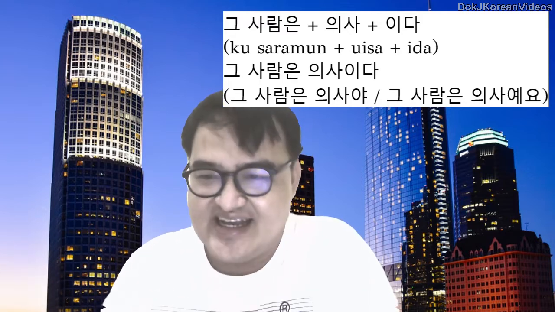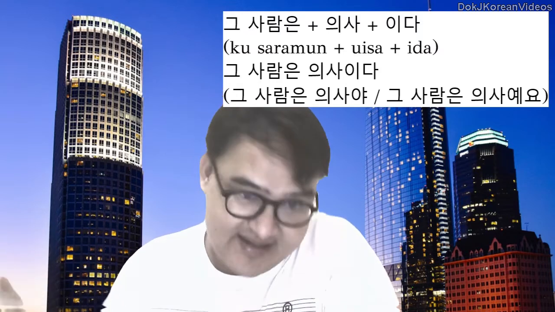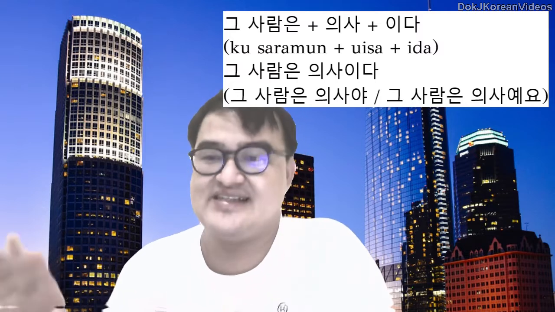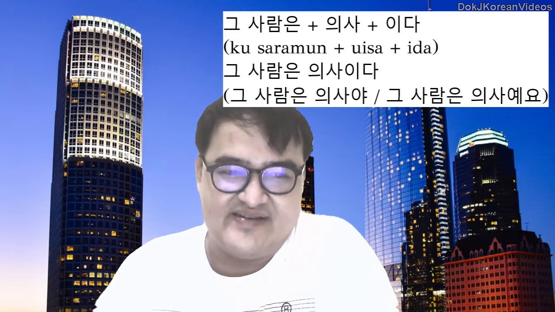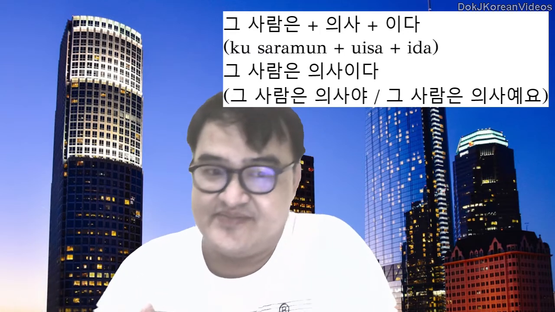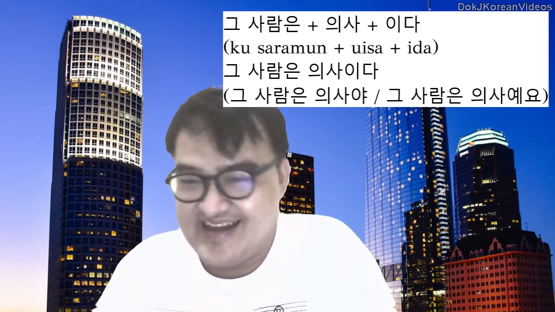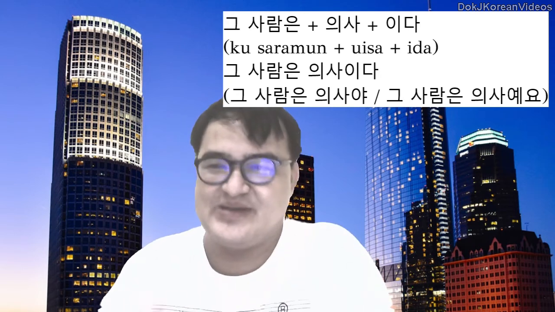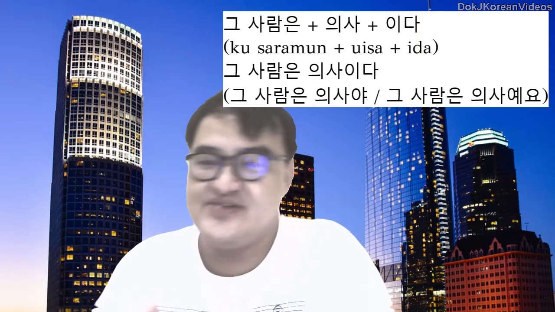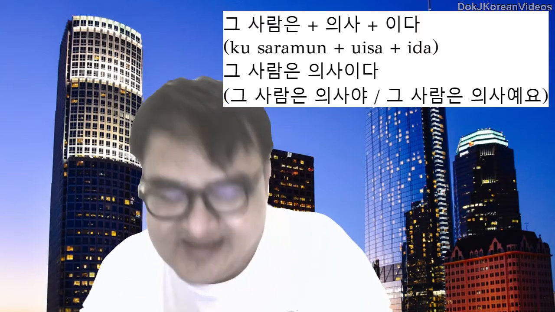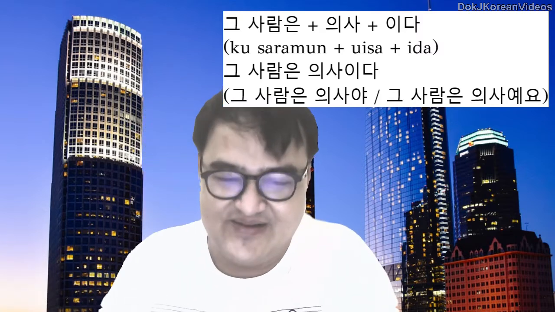Usually when the word is a noun, we add ida. Ku saramun, uisa ida. This is the written form. For the informal form, we say ku saramun, uisaya. On the respectful form, we say ku saramun, uisayeyo. The yo, ayo or eyo, is like "po" in Filipino.